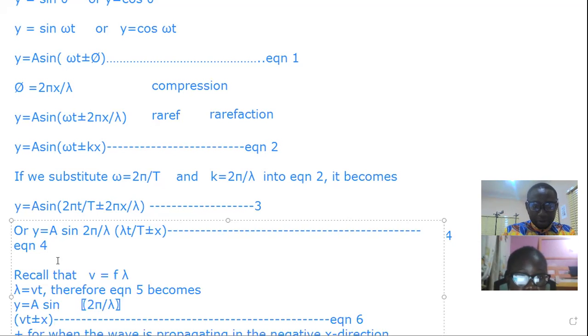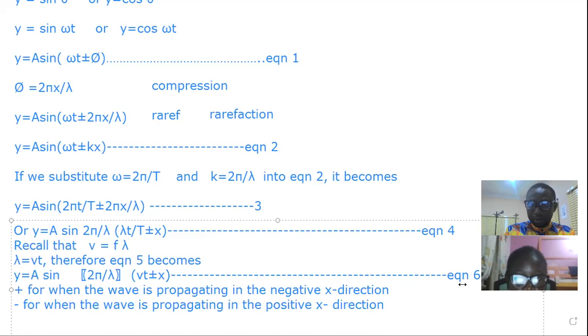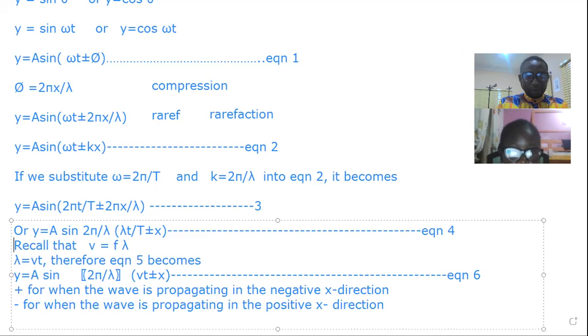We can have an equation like this. Recall that v is equal to f, that's frequency times lambda, and lambda is equal to vT. Therefore, equation 5 becomes 2 pi, remember that lambda over T is substituted for v, plus or minus x.